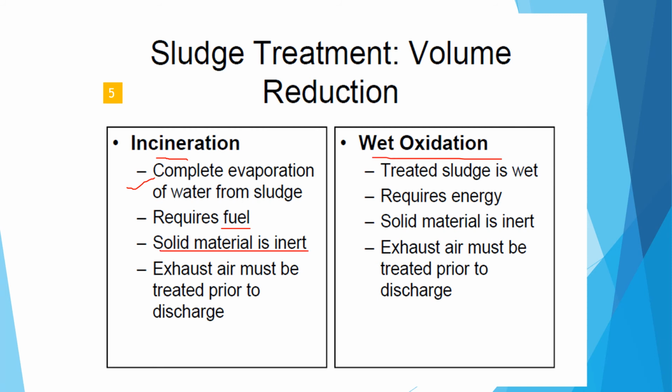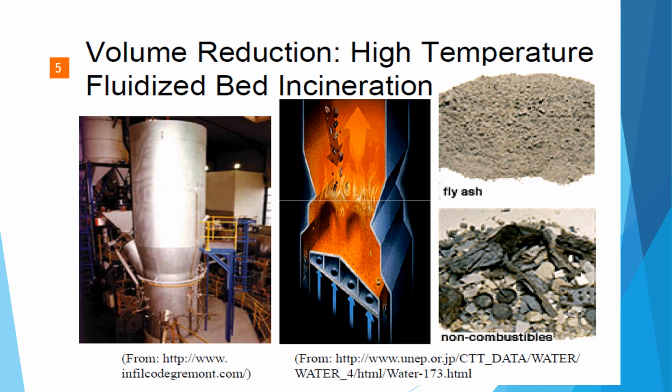And for the wet oxidation, the treated sludge is wet compared to the incineration, it requires energy, and the solid material is inert. Both are similar, needing inert solid material, and the exhausted air must be treated prior to discharge. Okay, this is an example of the volume reduction using high temperature fluidized bed incineration in the industry. It will produce fly ash and non-combustible product.